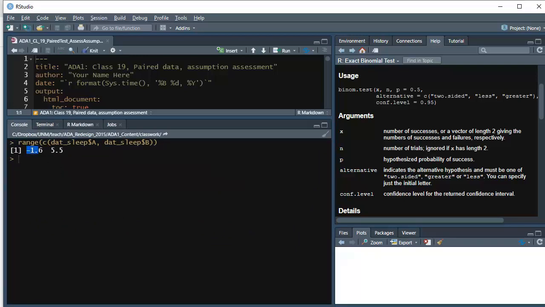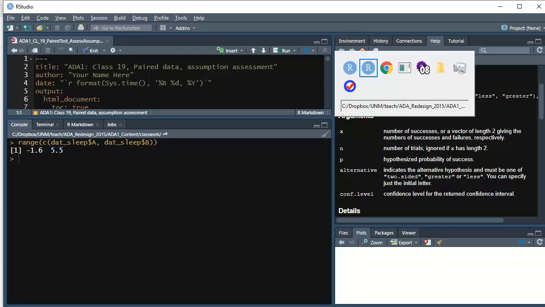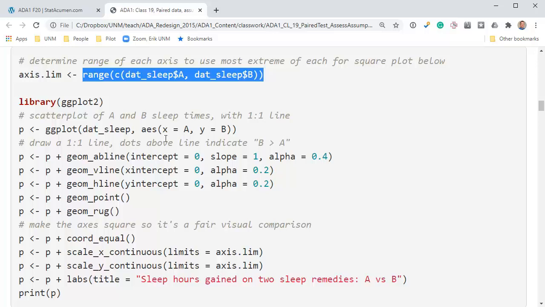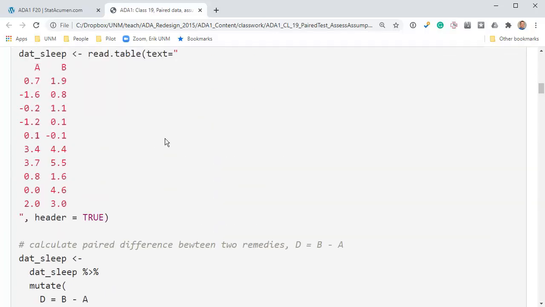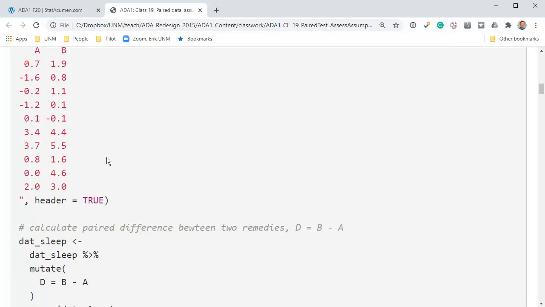The smallest number I had was negative 1.6 and the largest was 5.5. Imagine gaining 5.5 hours of sleep. That's too much. So if we look at the data, the smallest value was negative 1.6 and the largest was 5.5. Okay, so it found those two numbers.